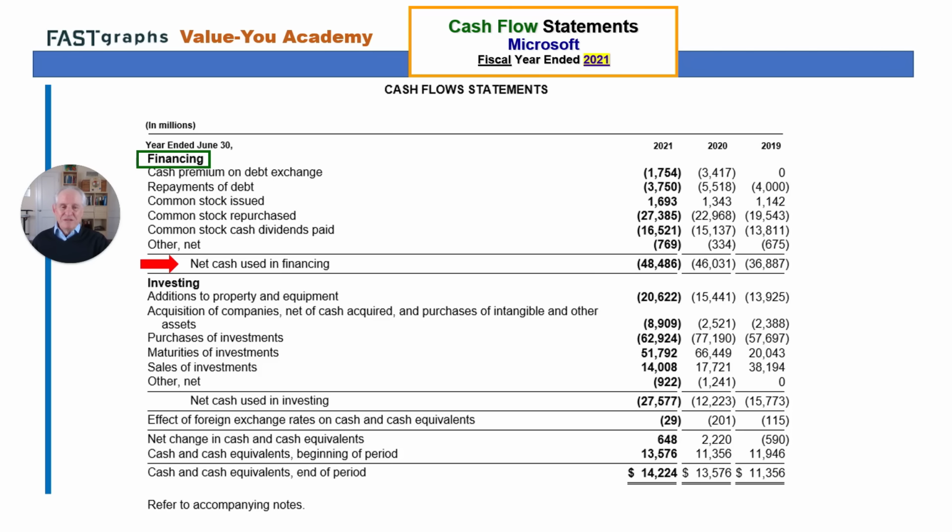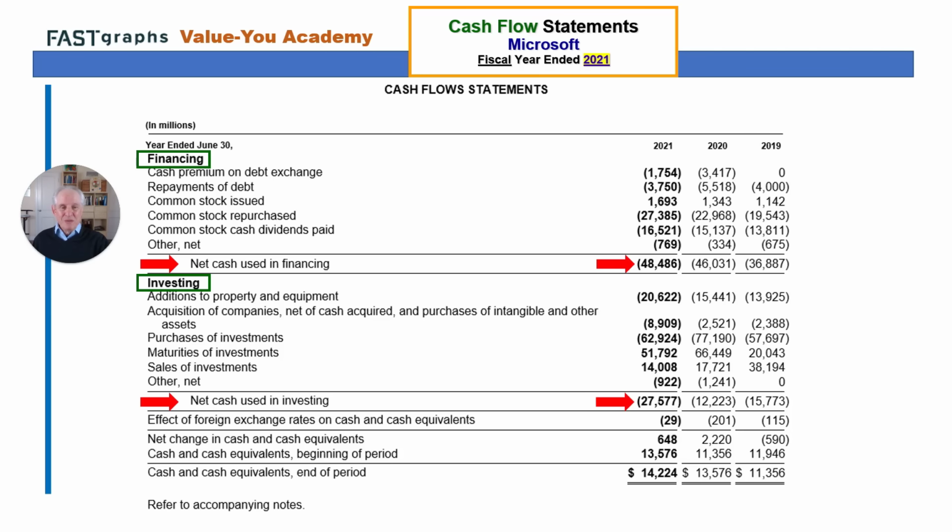The maturities of investments, basically, cash out is buying, cash in was from their investments. The sales of investments brought in another 14 billion and just some other things. So there's the 48 billion above from financing. Here under investing we've got another 27.6 going out.